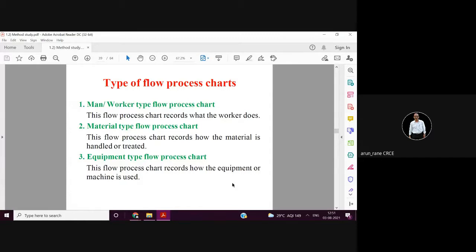So, considering these difficulties, now we call it IPMS, that is Integrated Production Management System. Here we take help of different scanners, different coders, then RFID, because the technology is advanced, right?